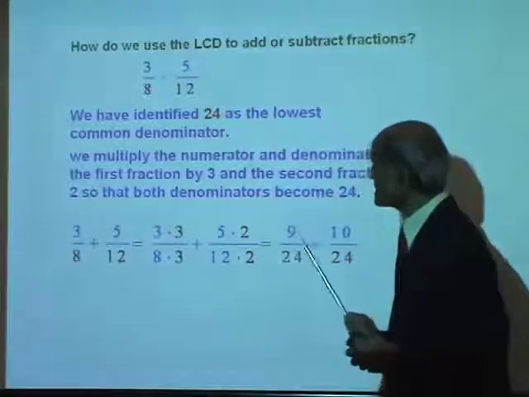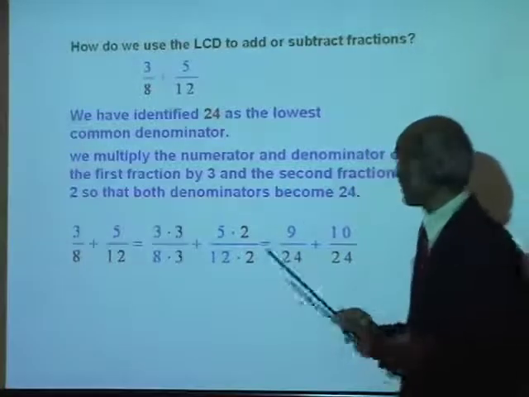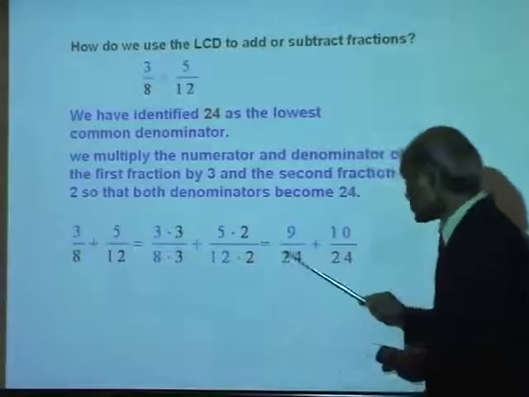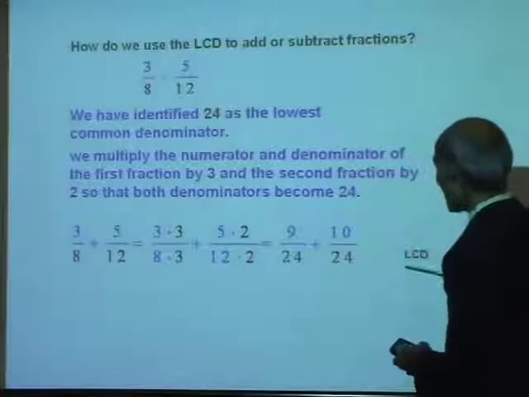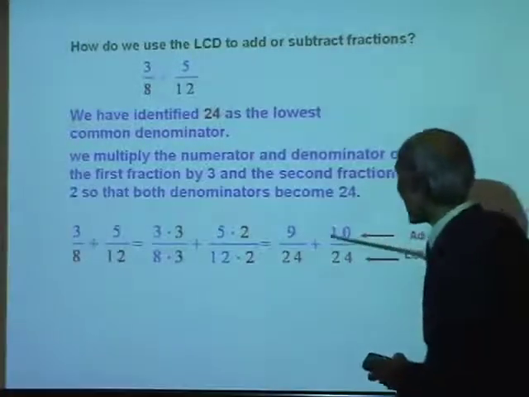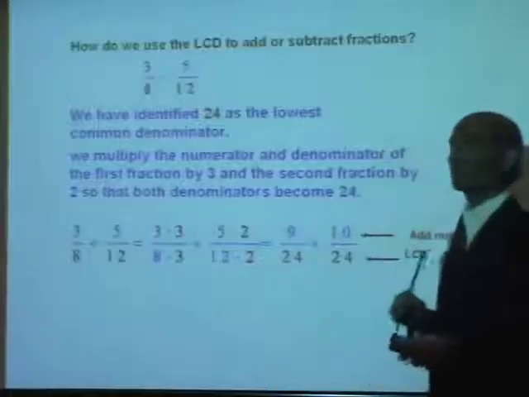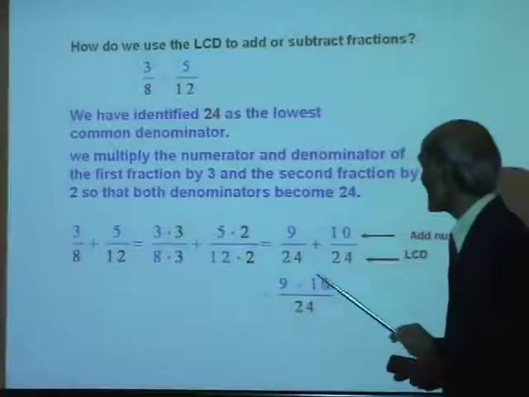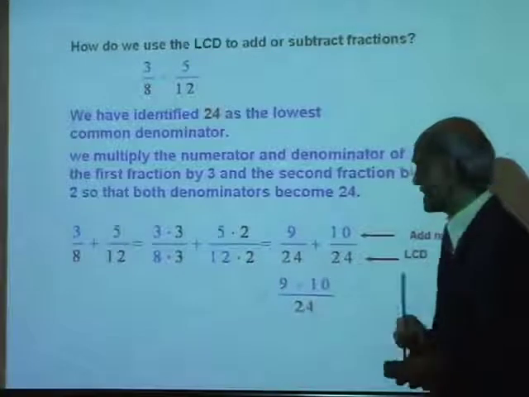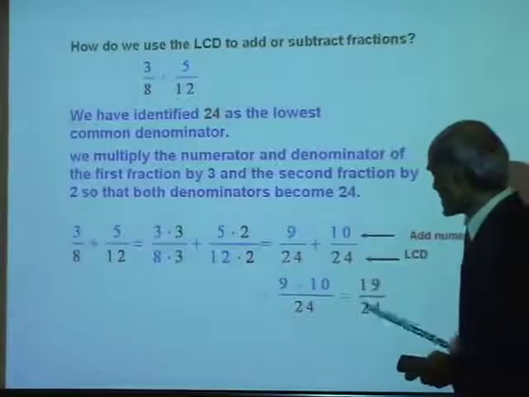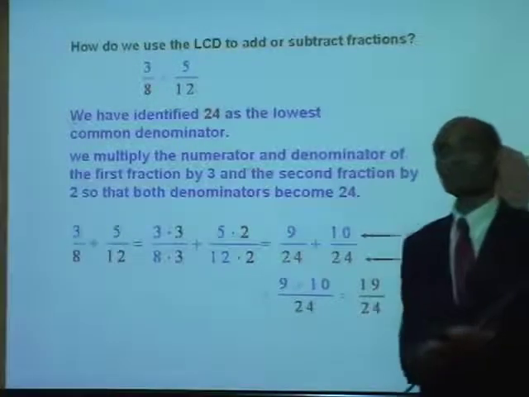So that became 9 over 24 plus 10 over 24. We can now say 24 is the common denominator, and we add the numerators. It will be 9 plus 10 on the numerator and 24 on the denominator. That will be 19 over 24.